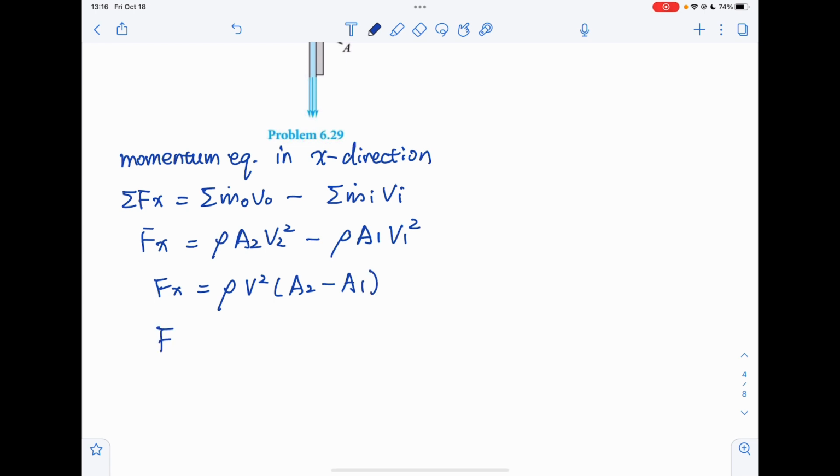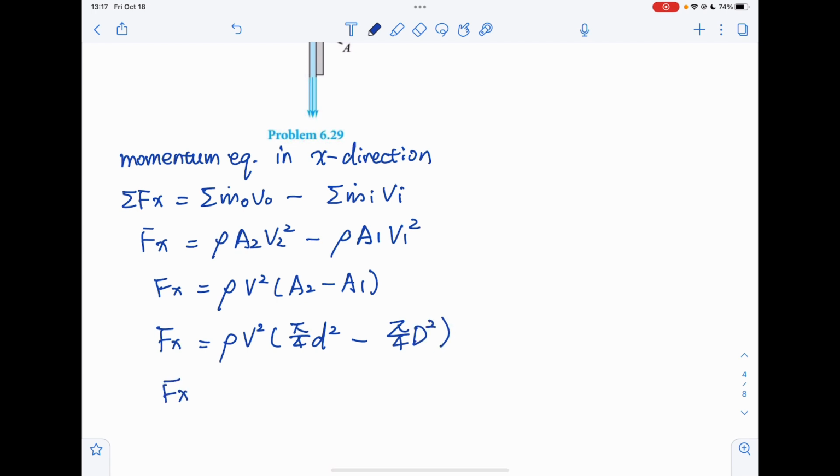Okay, so A2 equals pi over 4 times uppercase D squared minus pi over 4 lowercase d squared.